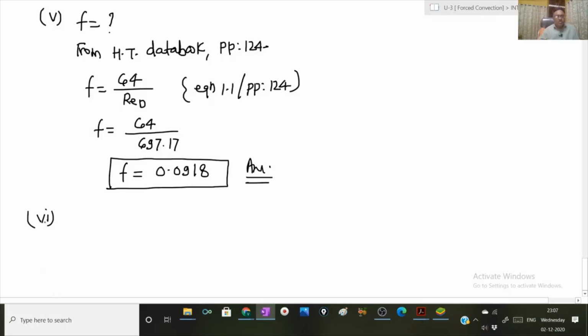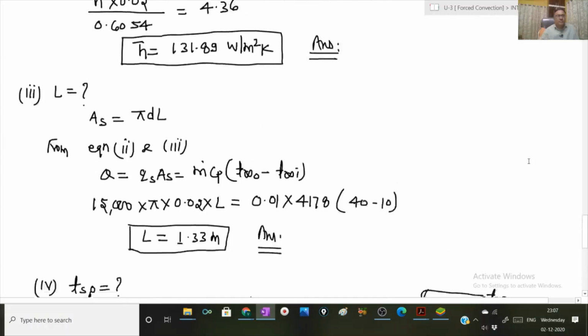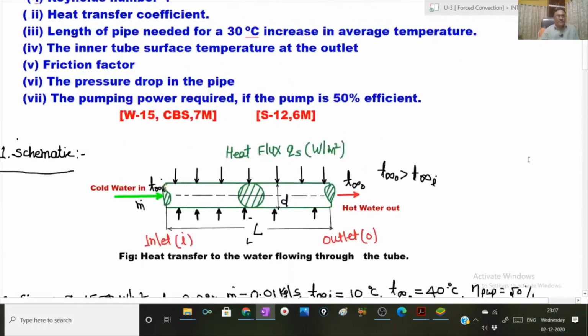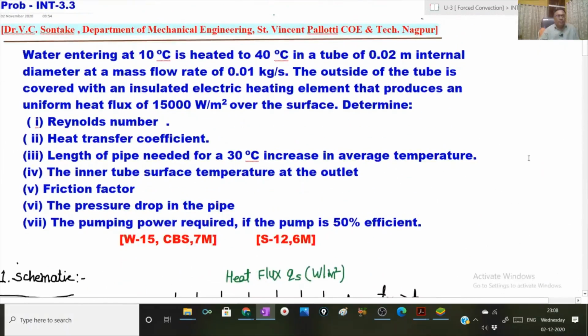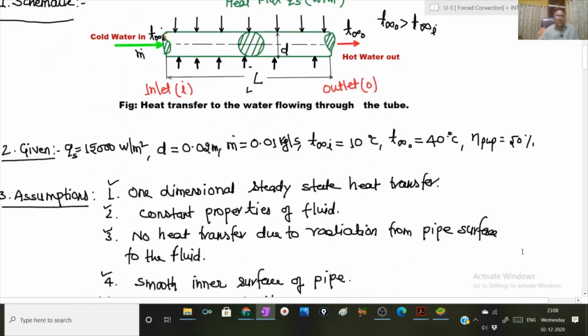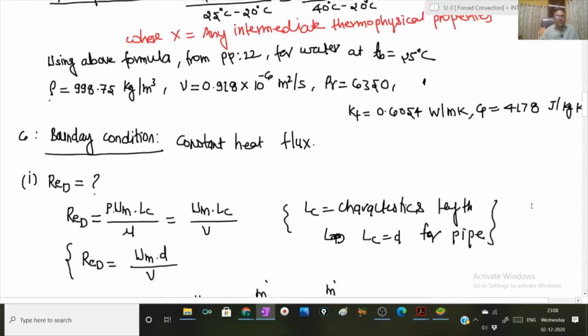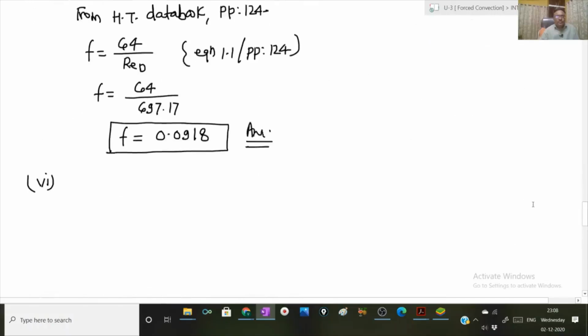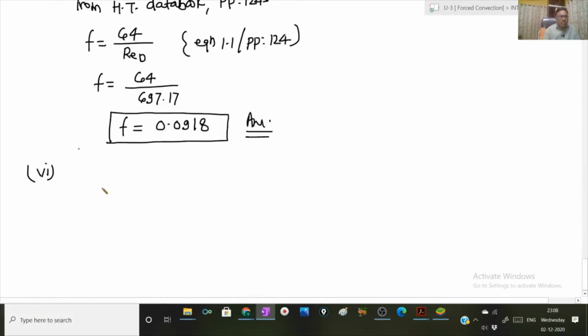Then point number 6. The pressure drop in the pipe and the pumping power required if the pump is 50% efficient. So point number 6 is pressure drop.